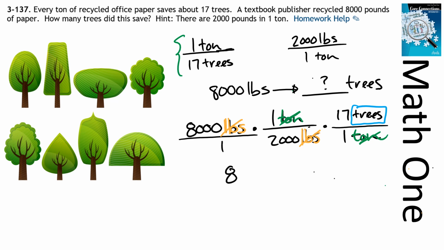So my answer looks like 8,000 times the number 17 divided by 2,000, and these are trees. I can see the dimensional analysis has essentially told me what operations I need to perform to figure out how many saved trees are equivalent to 8,000 pounds of paper.